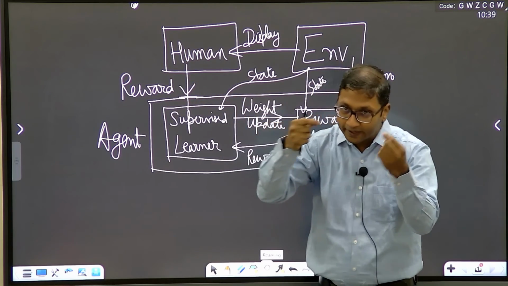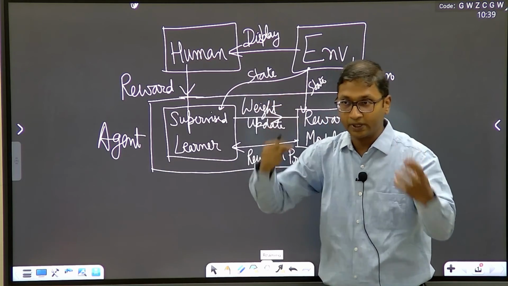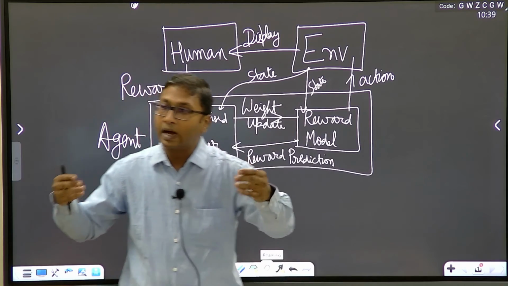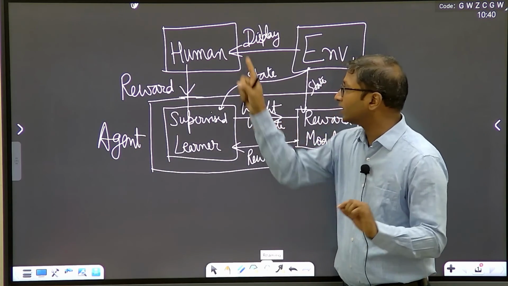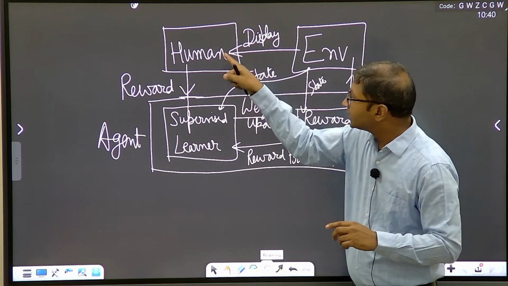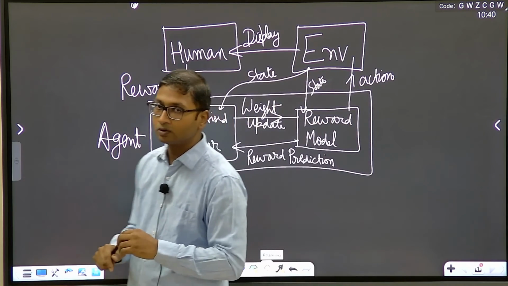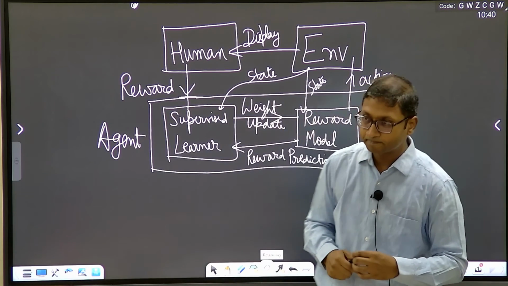I need to predict in advance what the human being is going to give me. So if I produce a piece of text, I need to predict in advance how much reward a human is going to give me. So in which case can you remove this human being from this diagram now? When can you remove this human being?